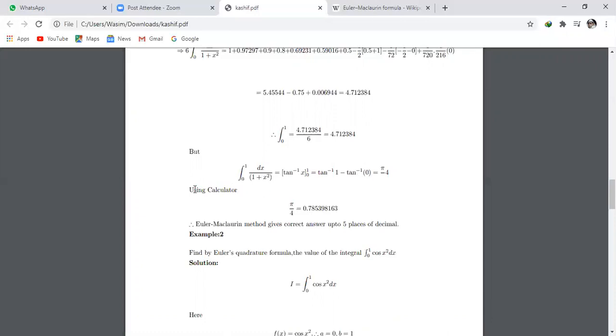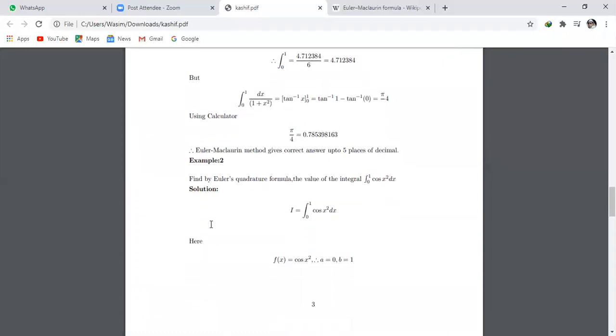Using a calculator, or as we know, pi by 4 is 0.785398, and in radian terms pi by 4 is 45 degrees. So the Euler-Maclaurin method gives correct answers up to 5 decimals.